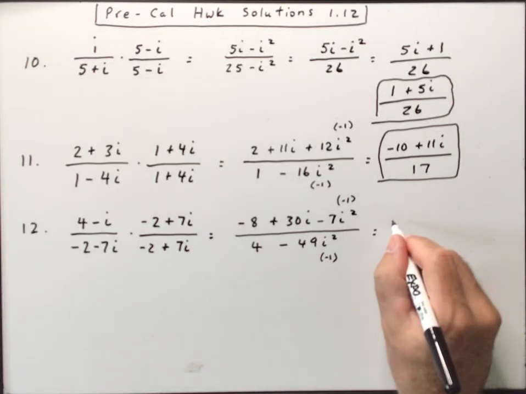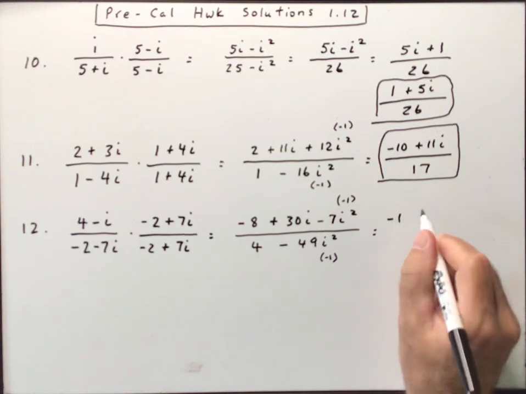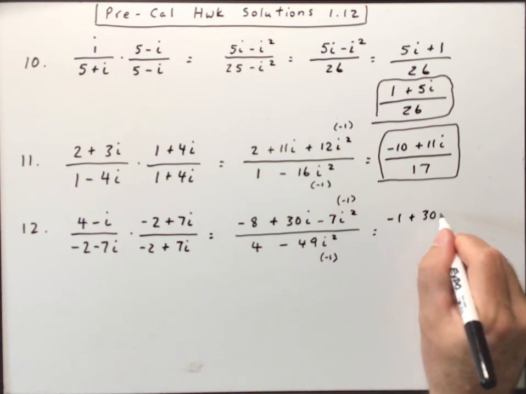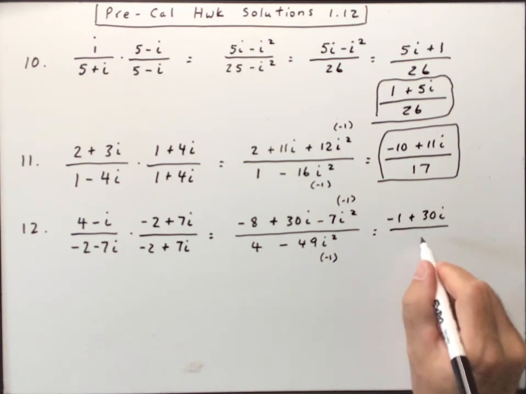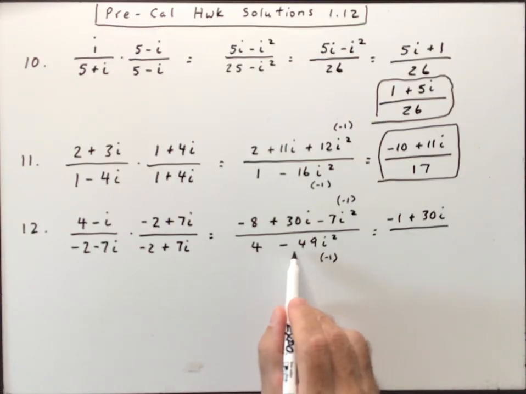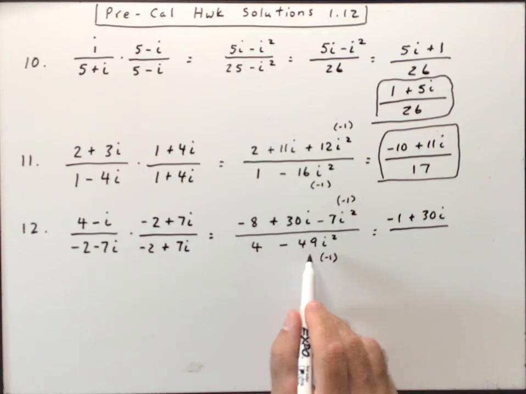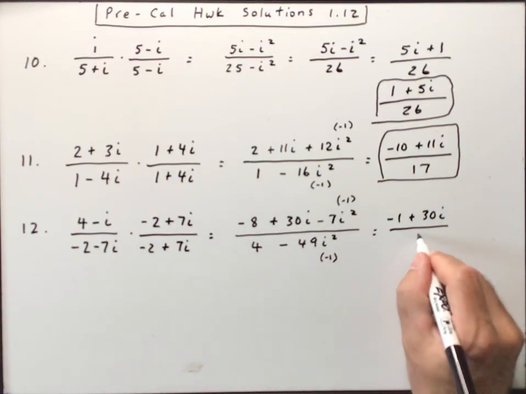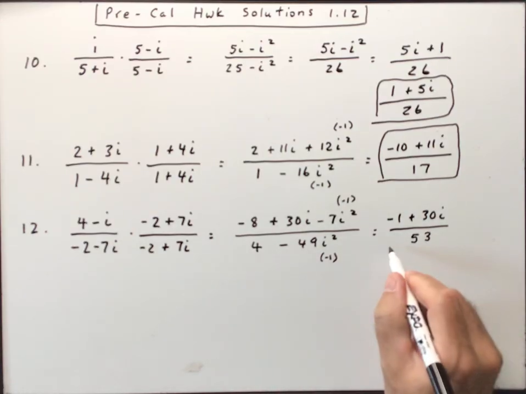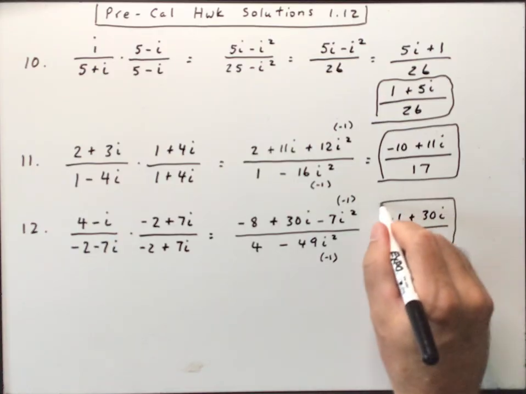So negative 8 plus 7 is negative 1 plus 30i over 4 minus negative 49. So 4 plus 49, that's a positive 53. And we really can't improve upon that.